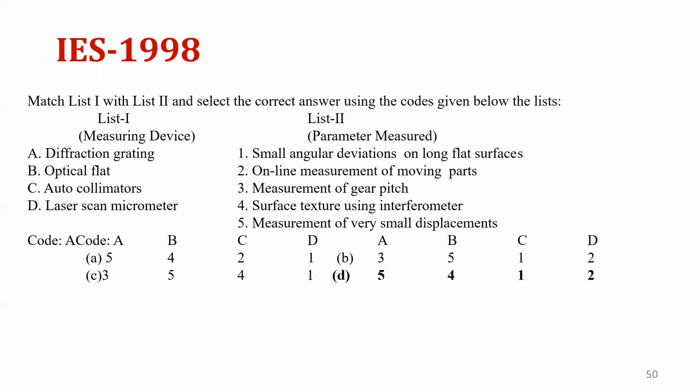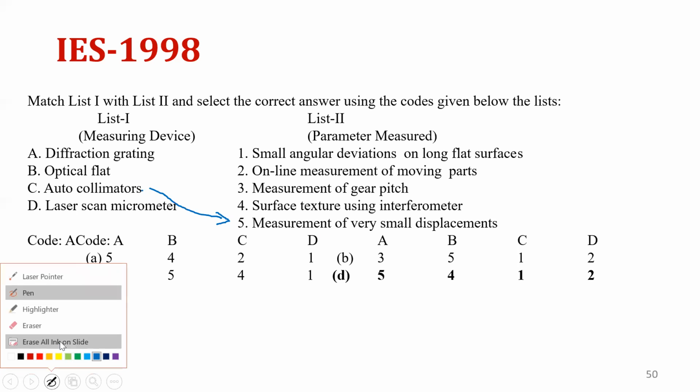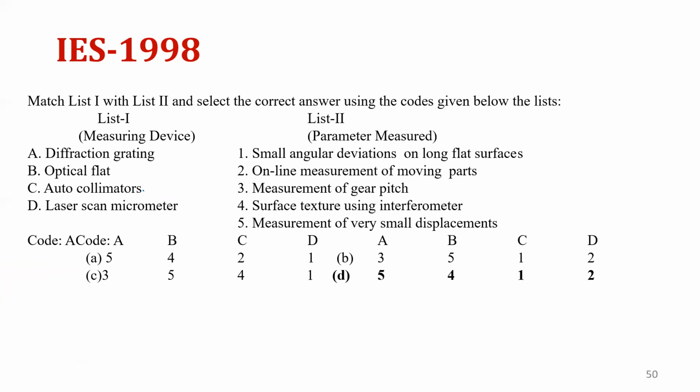This is the matching of list 1 and list 2, and select the correct answer using the codes given below. We have the diffraction grating, optical flat, autocollimators and laser scan micrometer. Autocollimators are used for measuring small angular deviations.